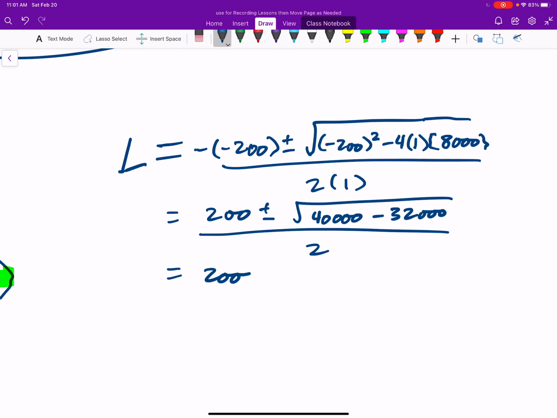So 200 plus or minus the square root of 8,000, all over 2. Well, maybe this one isn't factorable because 8,000 is not a perfect square.